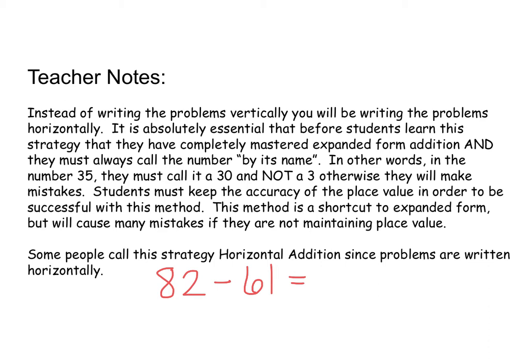The reason you need to make sure you're really good with expanded is because you need to call that an 80 and this a 2, and this is a 60, and that's a 1. That's why we practice with expanded form first, so you'll know that that's an 80, not an 8. If you call it an 8, you are going to really have problems with this strategy. So make sure you call them by their values, not by their digits.